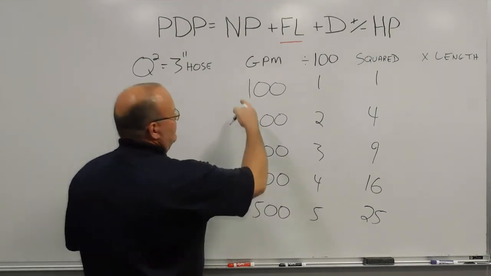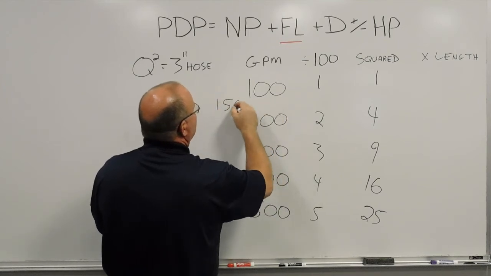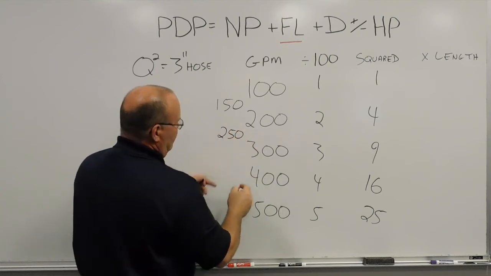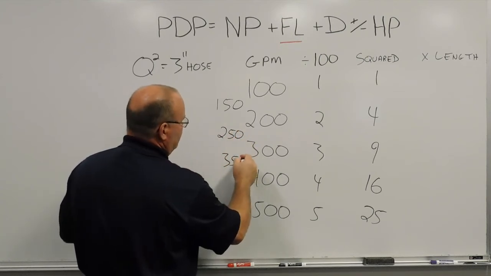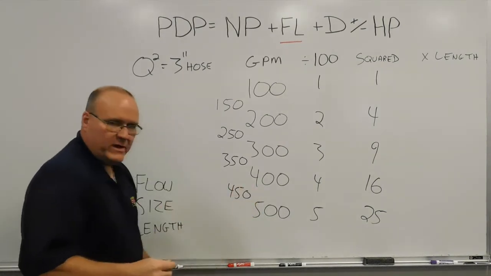So in between 100 and 200, we have 150. I'll put it over here. We have 250 here. We have 350 here, and then 450 here. And it would work the same way going right on up.